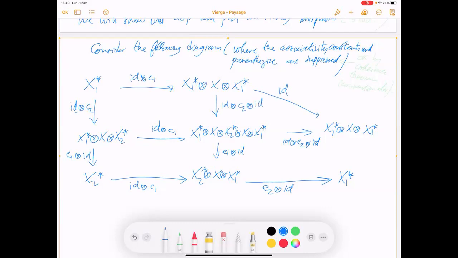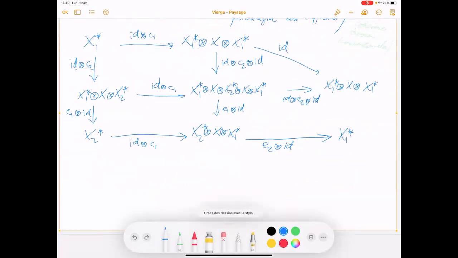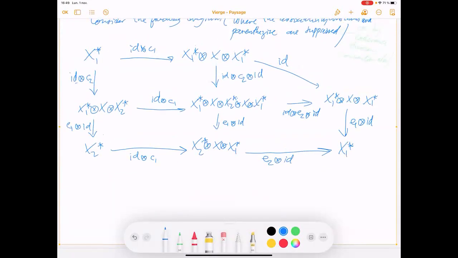And C2, co-evaluation, is x tensor x2 star. So the C2 corresponds to this part. No choice. And finally, this part is E1 tensor identity. And again, E1 corresponds to x1 star tensor x, so you apply E1 to that.